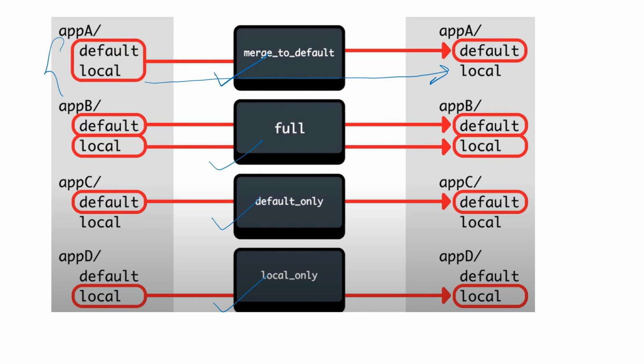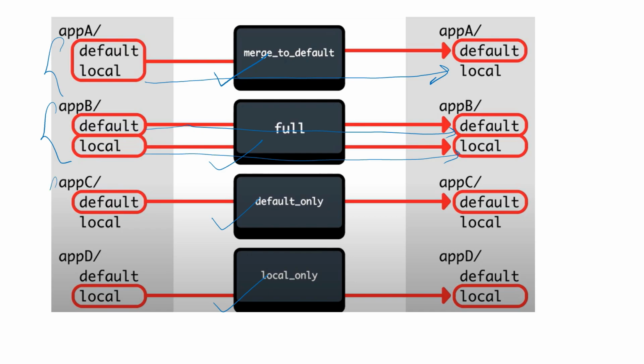Fine. Now coming to the second one, which is full mode. If you use the deployer push mode as full, whatever is residing inside default will be pushed as it is to default in your search head cluster members. Similarly, the local directory will be pushed as local to your search head cluster members.